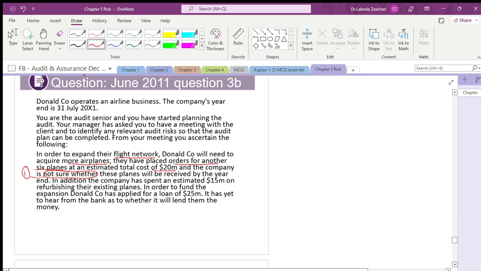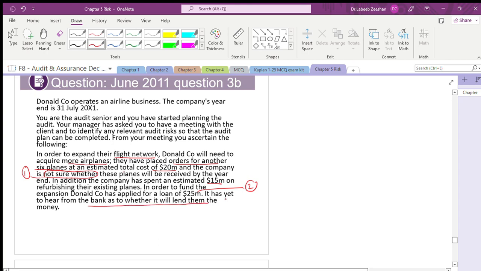In addition, the company spent 15 million on refurbishing the airplanes. In order to fund the expansion, they have taken a loan. And the most specific thing is they didn't get any response from the bank.